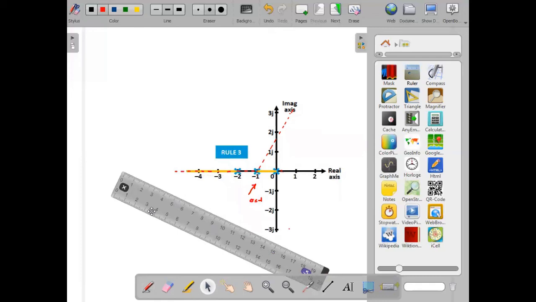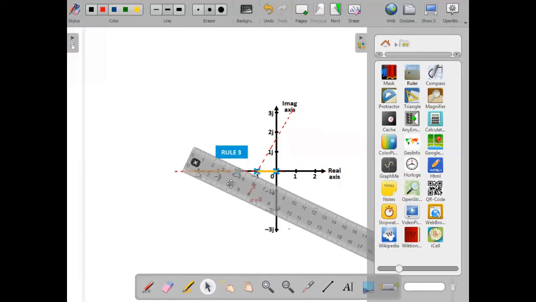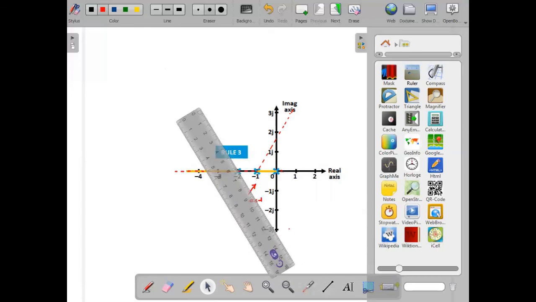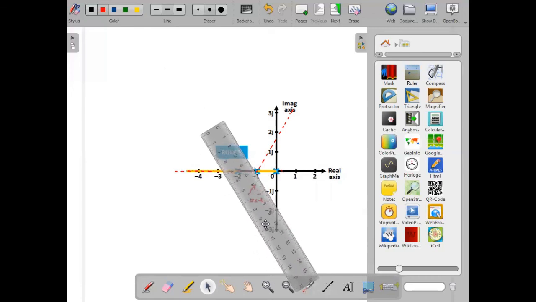Now let us draw for 300°. Now with sigma is equal to -1 as center, let us mark for the angle of asymptotes exactly at 300°.